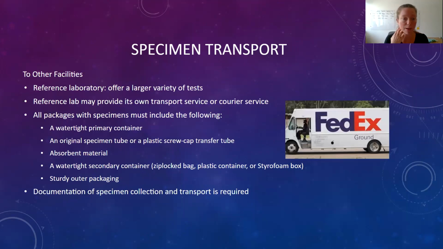So when we're talking about mailing specimens, this also requires proper packaging on the part of the phlebotomist and preparation. Most times we're packaging and sending a lab or a specimen to a different lab, whether it be via courier or mail. We're going to be packaging our specimens in a plastic bag of some sort.